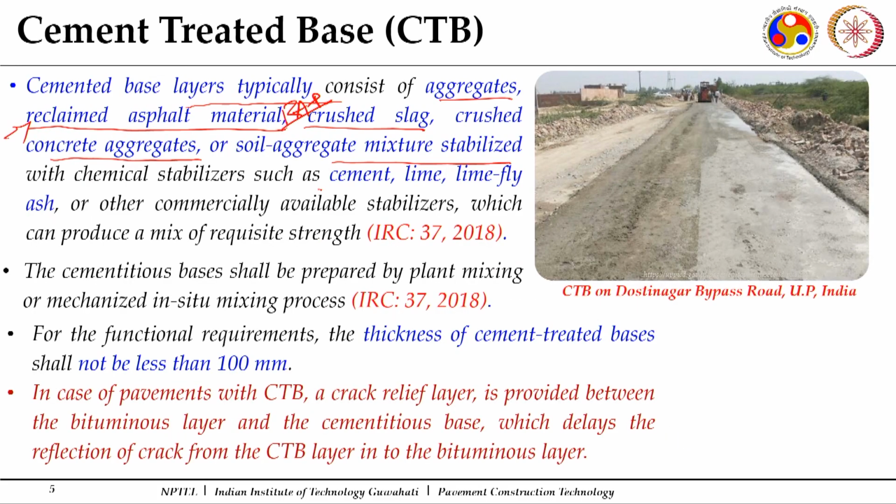As I mentioned, any material which has some pozzolanic characteristics, like cement, lime, fly ash or a combination of these, or any other chemical additive which can bind these materials together, will be considered under the category of cement treated base courses. This is what IRC 37 2018 states.